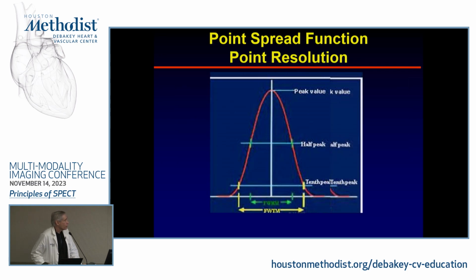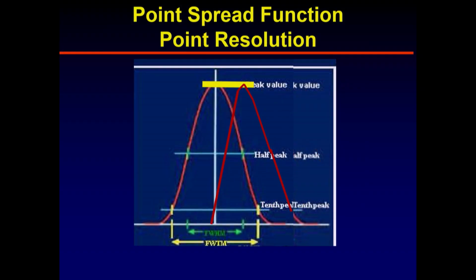But take this for instance, here's another peak, and now we have this. And you'll notice here now that the two peaks overlap within the full width half maximum. So when you image this particular object, maybe like two coins or two points in space, you will not be able to determine that there are two points.